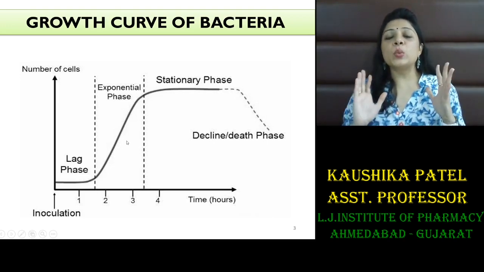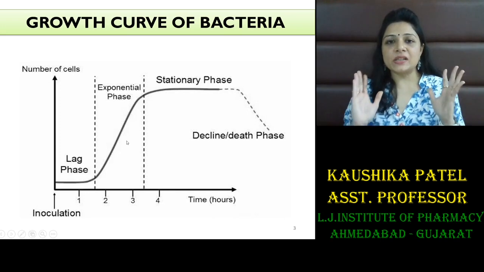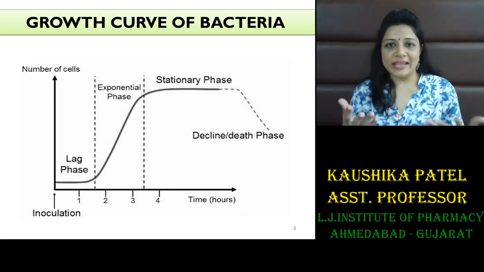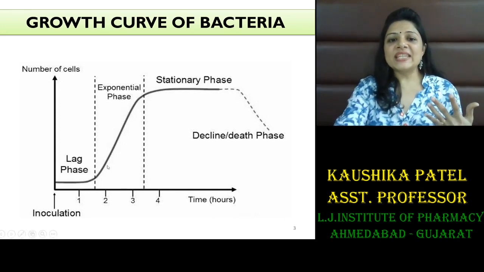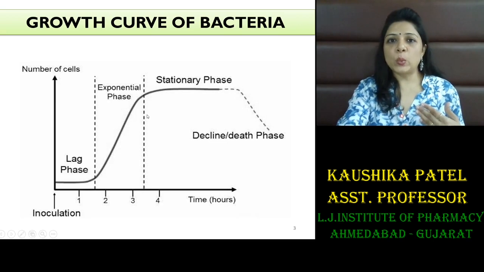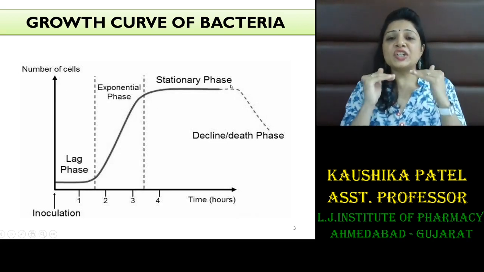There will be a visible and notable increase in the number of bacterial cells. You can see that there is a great increase in the curve pattern, and that is known as the exponential phase.